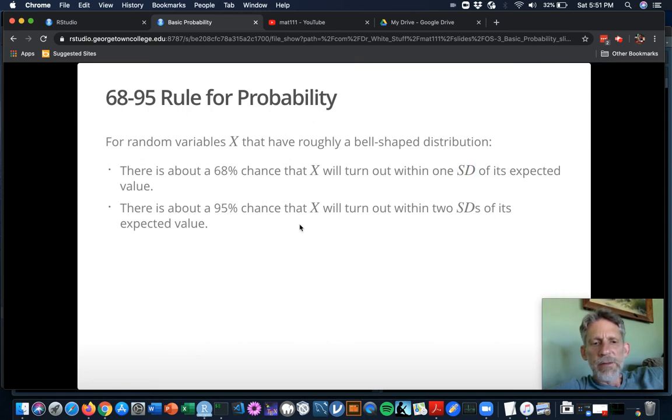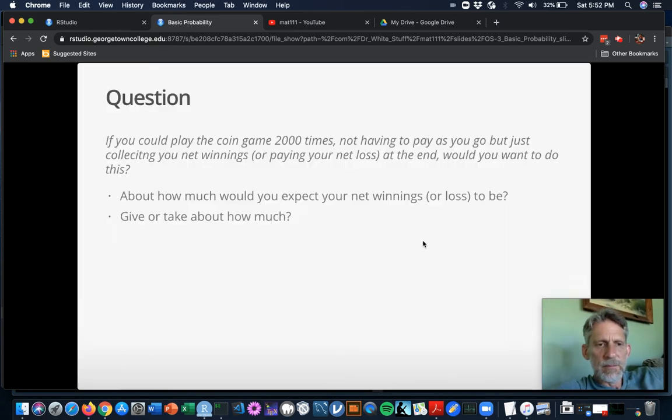There's about a 95% chance that it'll turn out to be within 2 standard deviations of its expected value. This is something that we're going to think about more and more as time goes on, but I'll give you a little sense about it before we leave today.